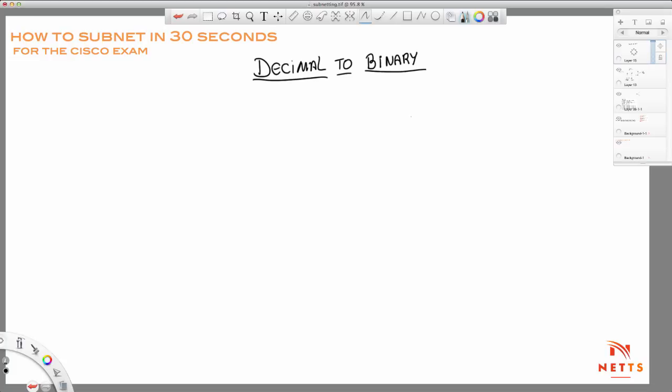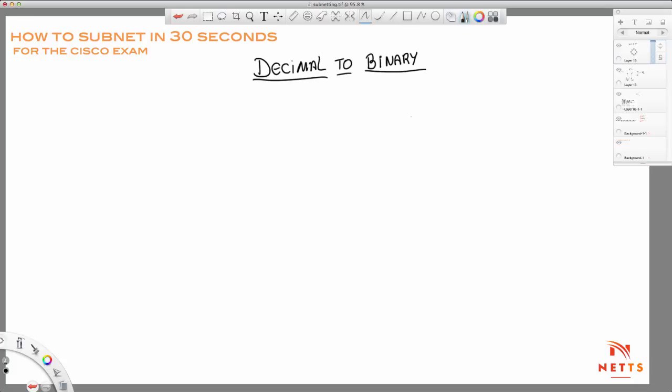First of all, the IP address, for the human being to understand, is written in decimal numbers. But the PCs, the hosts, they don't understand decimal numbers. They understand just binary numbers. So when IPv4 was created, they also created a method where we can convert from decimal to binary and binary to decimal.